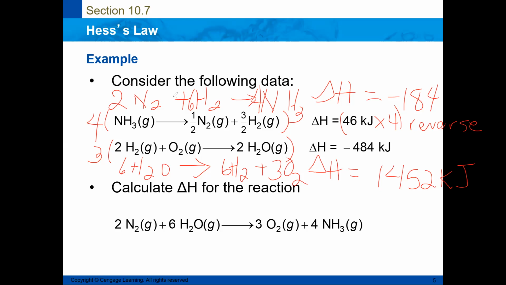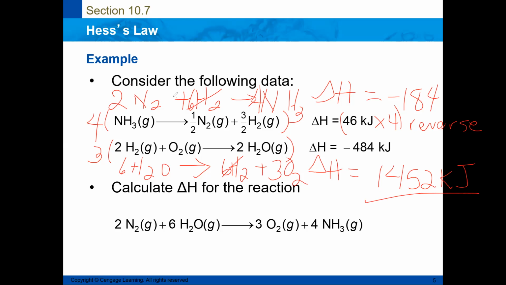So now we add both of those and we add both of these reactions. And when we look at it, you can see that the 6H2s are going to cancel. You see that? The 4NH3s, they did not. The waters, however, nope, they did not either. The N2s, are they going to cancel? Nope, no N2s.